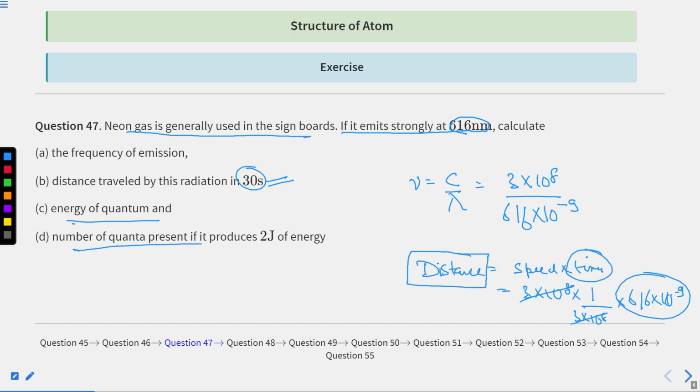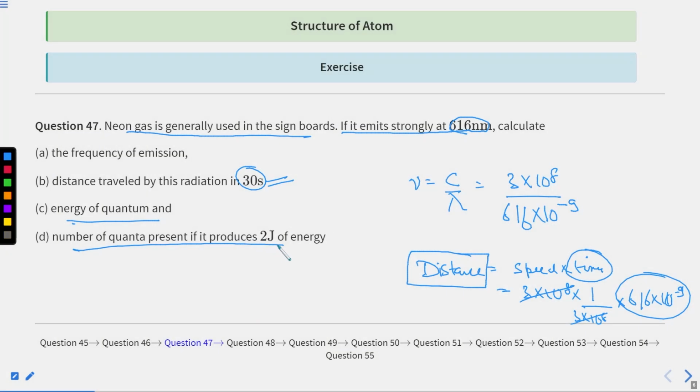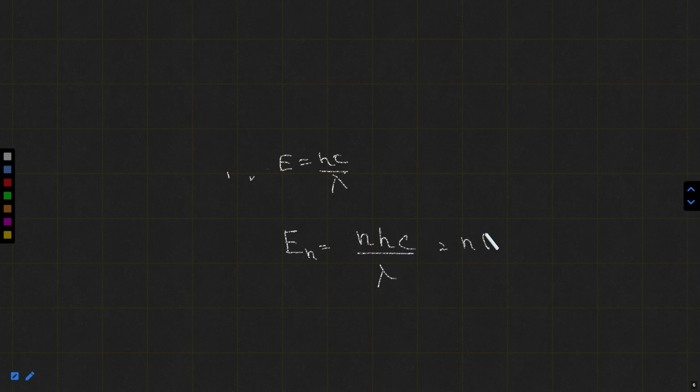Number of quanta present if 2 joule of energy is produced. We have to calculate the number of photons. How will you calculate it? We know that the energy of one photon is h nu, or hc by lambda. Energy of n number of photons will be n h c by lambda, or n into E. En is given as 2 joule.